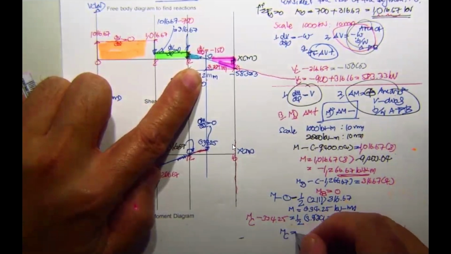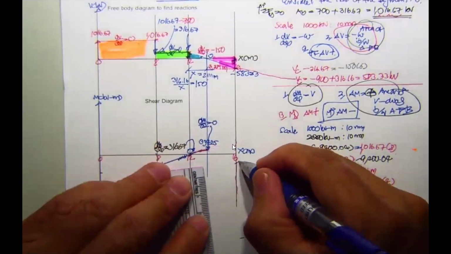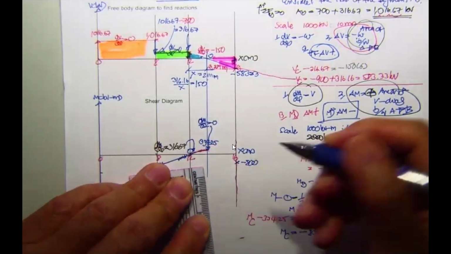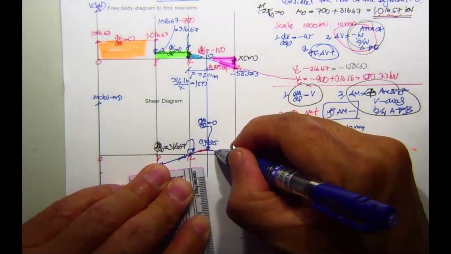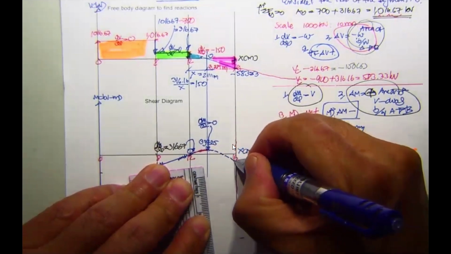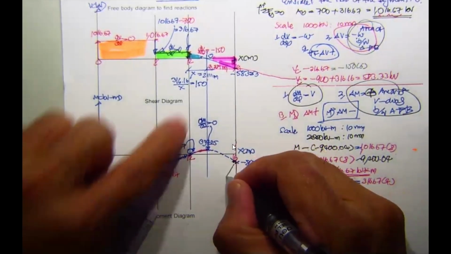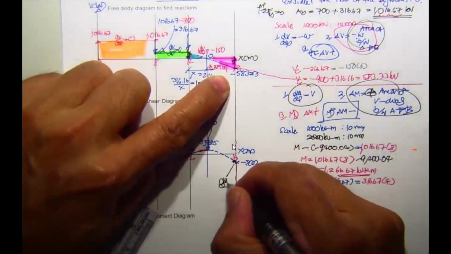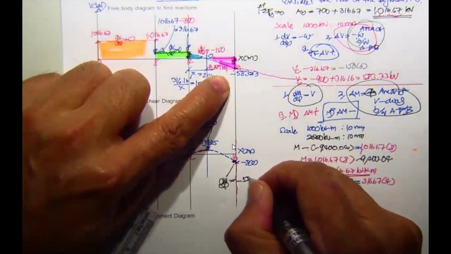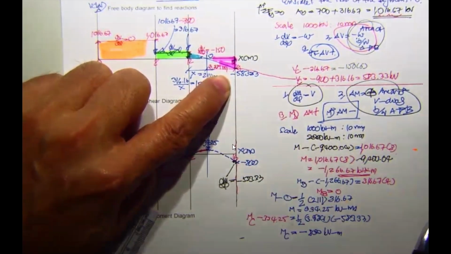M sub C is going to be minus 800 kilonewton meter. That's about 4 millimeter. That's minus 800, and then you have the slope over here. The slope is dM/dx equal to V, minus 583.33. That's going to be your moment diagram.